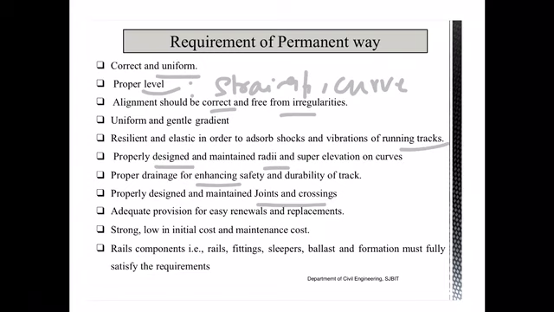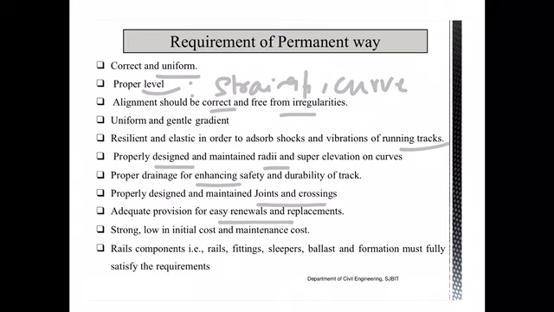Whatever components we have in the permanent way, all of them need to be designed as well as maintained properly. We have to provide adequate provision for easy renewal and replacement. If any section of your permanent way is damaged or fails to meet the requirements, it should be possible for us to easily renew and replace that particular component.